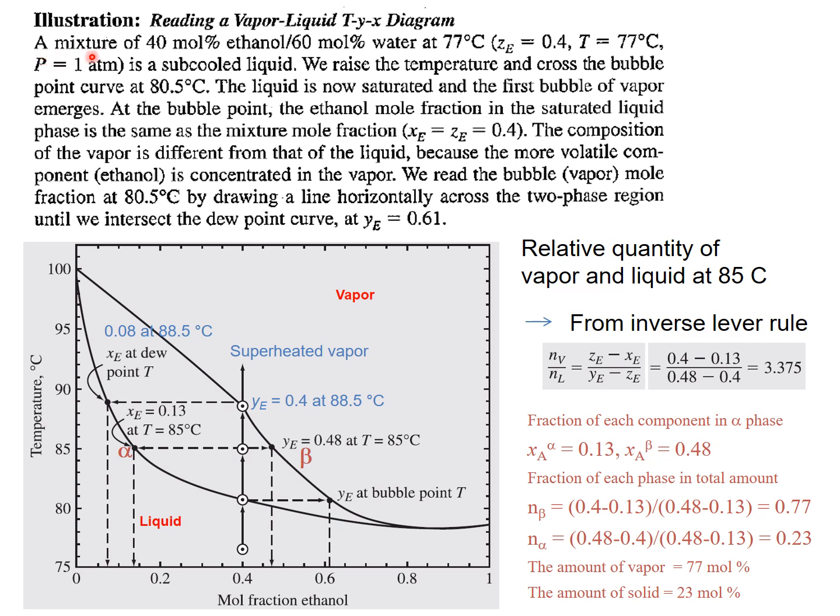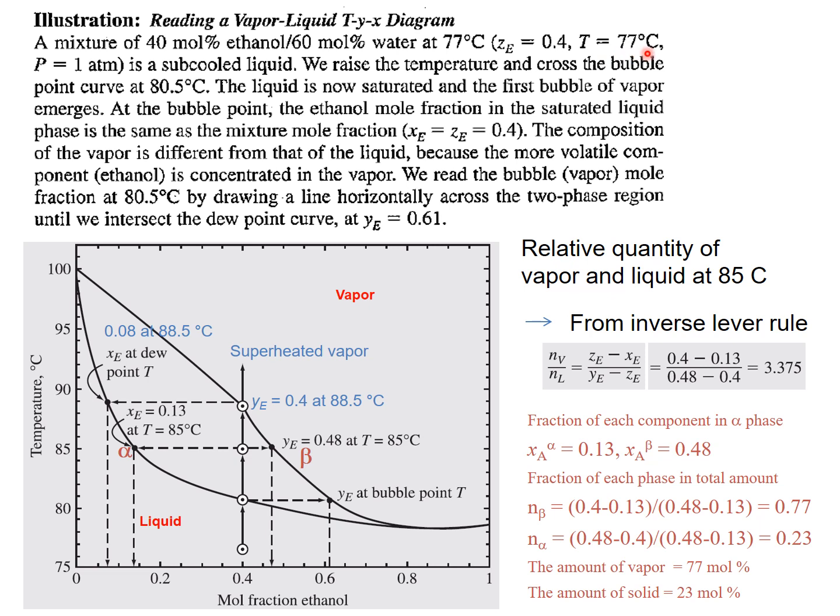A mixture of 40 mole percent ethanol, 60 mole percent water at 77 Celsius degrees is a subcooled liquid. So what is the Z with subscript E, for ethanol? That is 0.4, because 40 per 100, so 0.4. And temperature is 77 Celsius degrees.